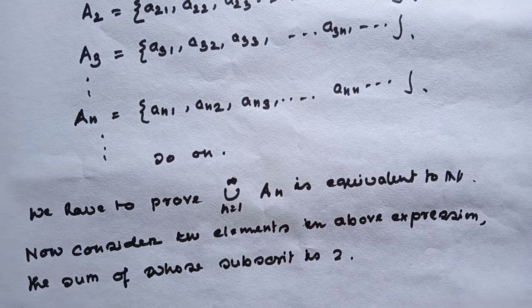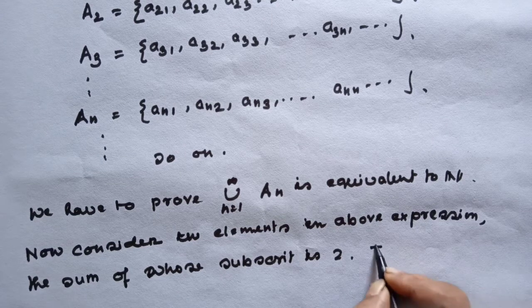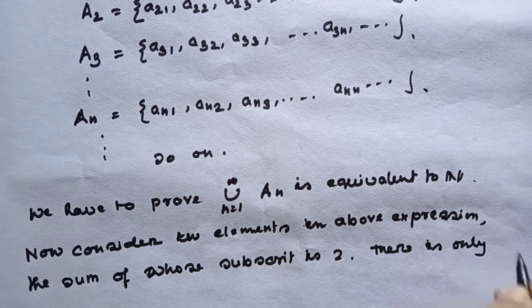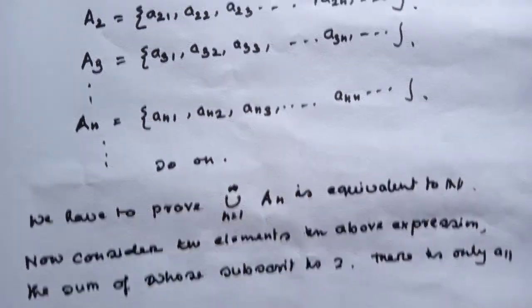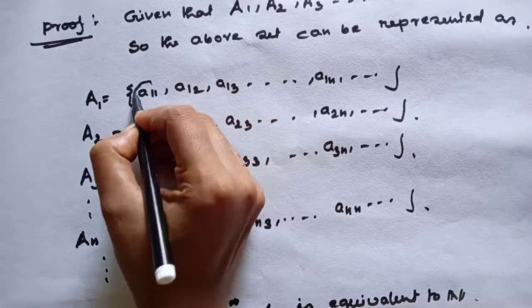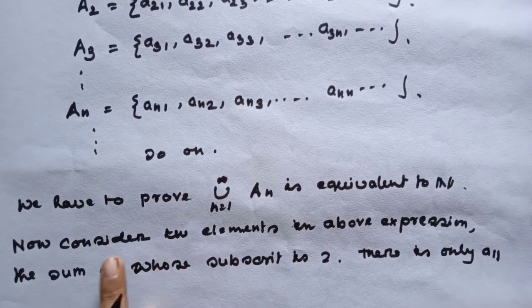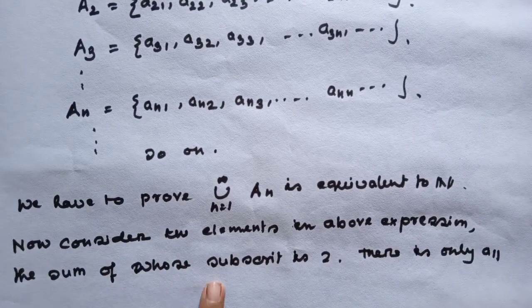That means there is only A11, because we consider the sum of subscripts equal to 2.